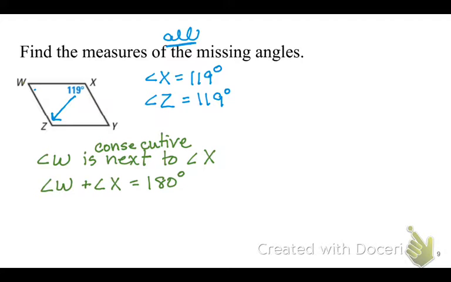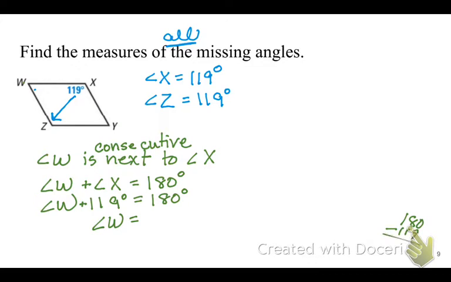We know that angle X is equal to 119. So we subtract 119 from both sides, and we have angle W is equal to 180 minus 119.